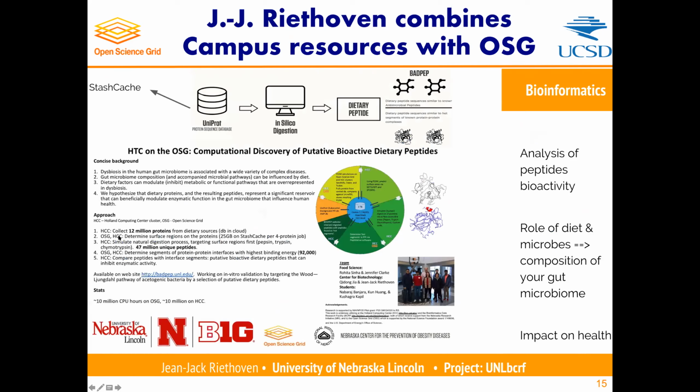And so he basically elastically scales out from HCC into OSG. Then he comes back and does some simulations locally. And then he goes back out, elastically scaling out, to determine a protocol interface with the highest binding energy. And finally, he brings it all together and does the final analysis back at home.